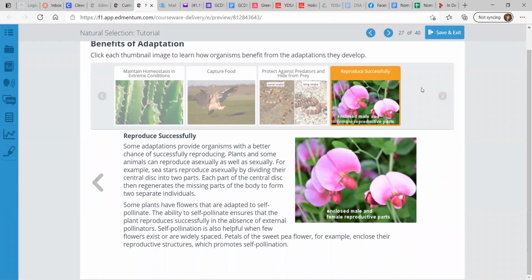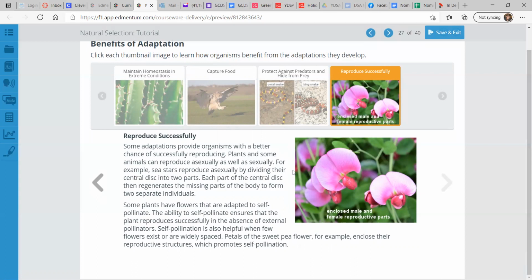And the last benefit of adaptation here is it helps organisms reproduce successfully. Adaptations provide organisms with a better chance of successfully reproducing. Plants and some animals can reproduce asexually as well as sexually.